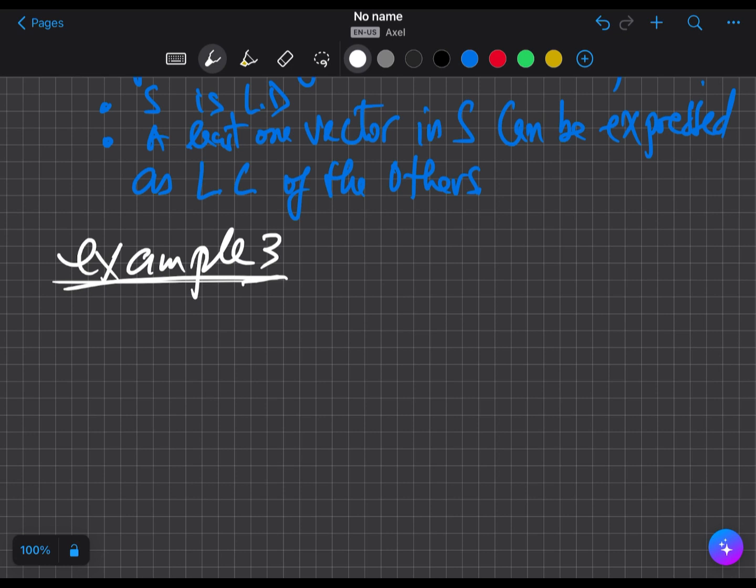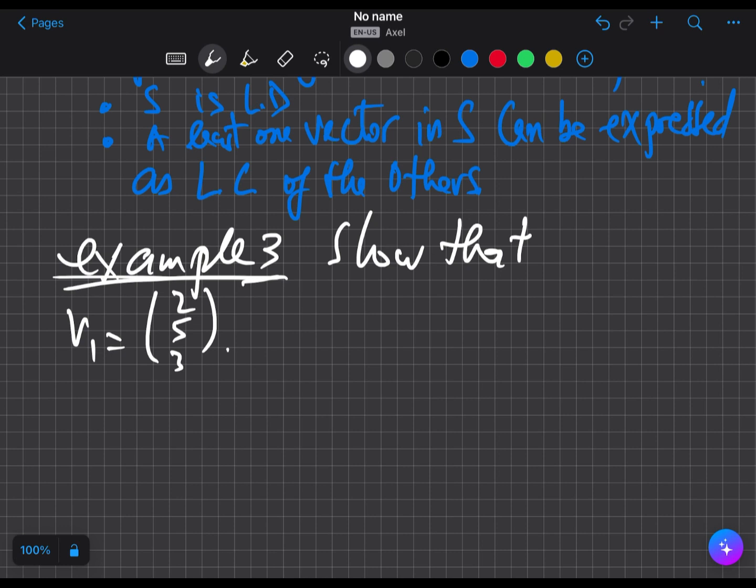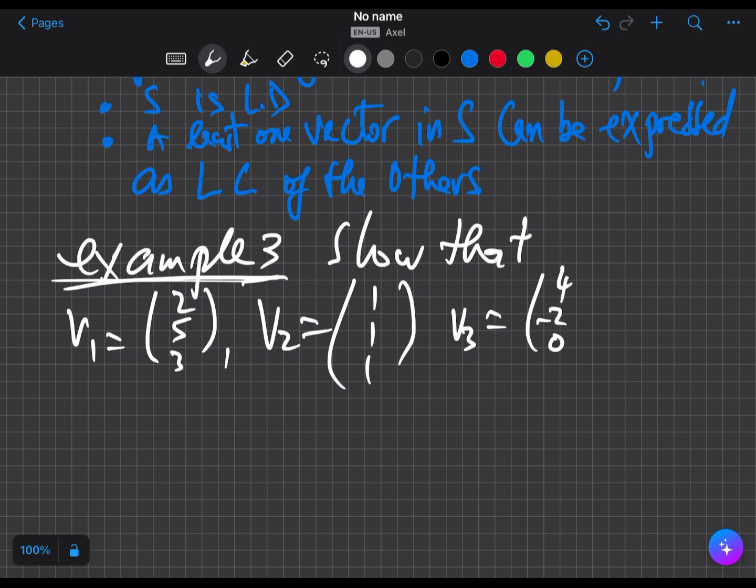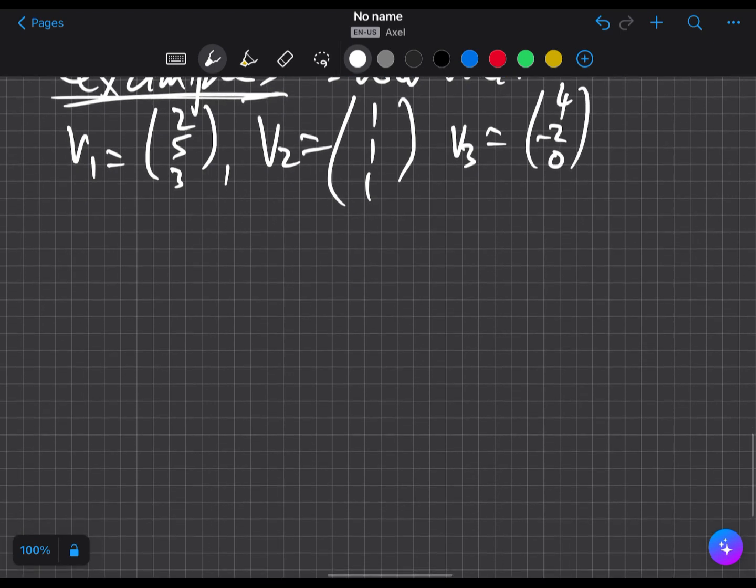Now, show that V1, which is (2,5,3), V2, which is (1,1,1), and V3, which is (4,-2,0), show that this set is linearly independent.